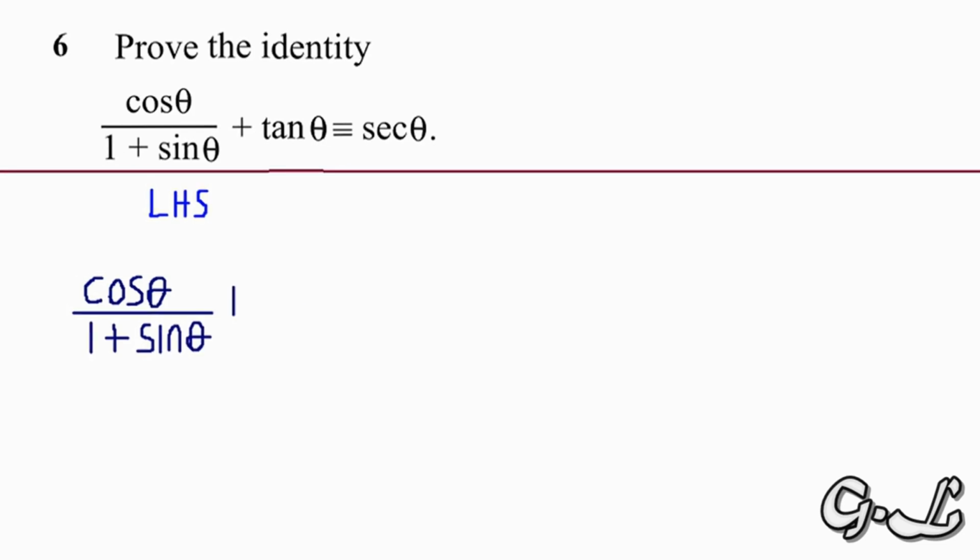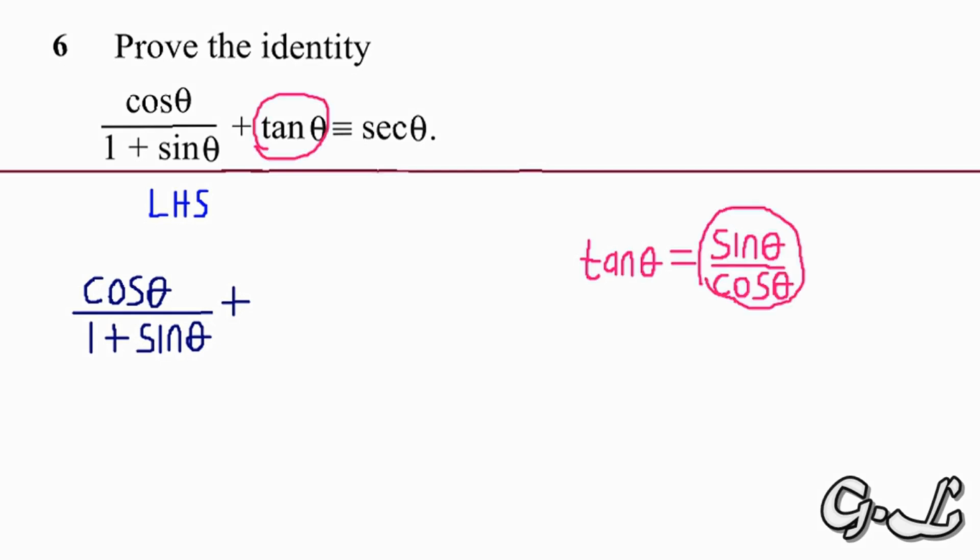So what is the next thing? The plus is going to be maintained like that, and then when you check tan theta, tan theta is equivalent to sin theta over cos theta.